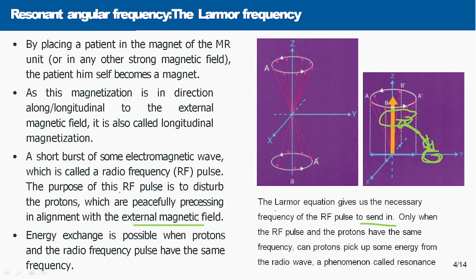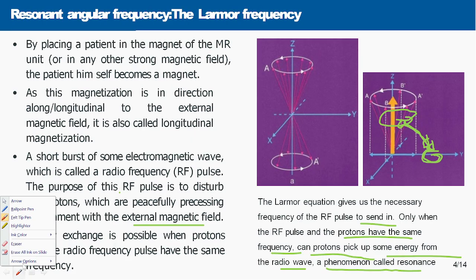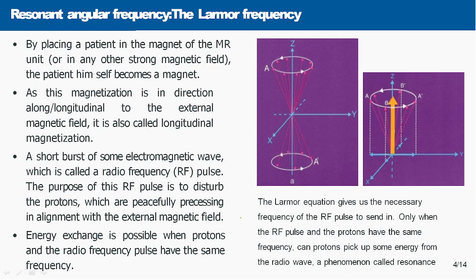So at Larmor frequency, this proton and the RF signal match together and there is an exchange of energy. This proton will absorb that energy and will be displaced from its alignment. Only when the RF pulse and the proton have the same frequency can the proton pick up some energy from the radio waves. This phenomenon is called resonance, and that frequency is known as Larmor frequency.